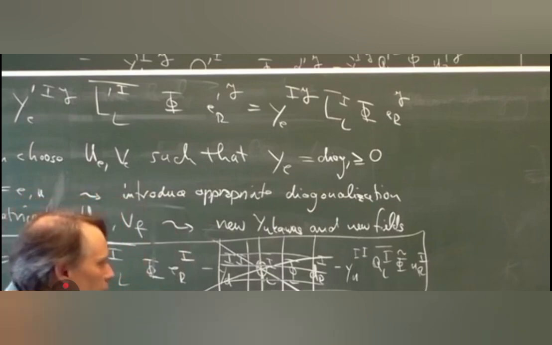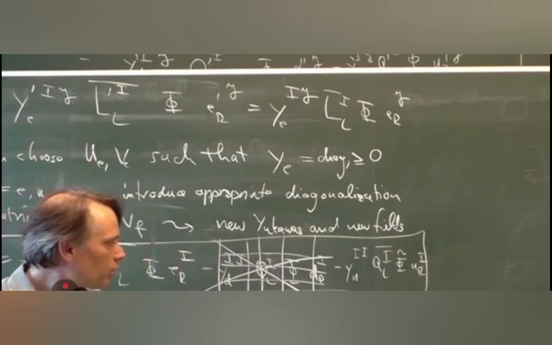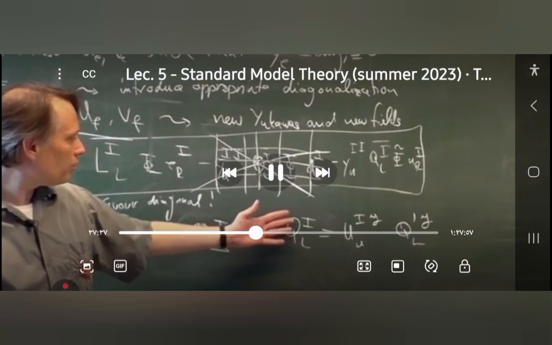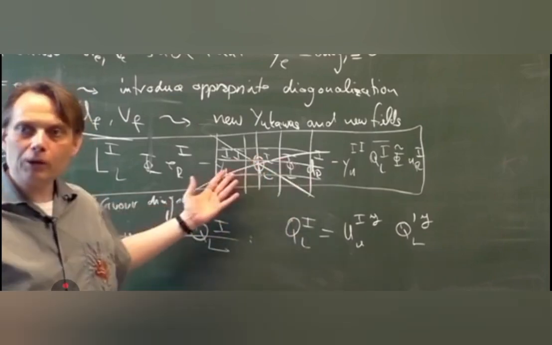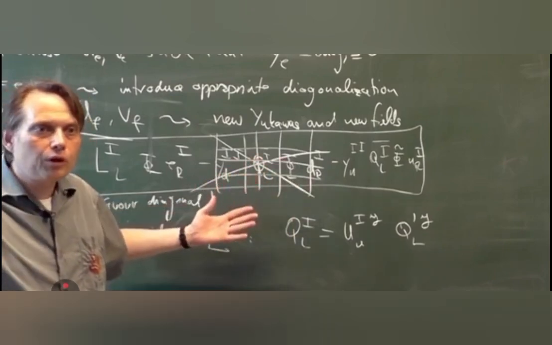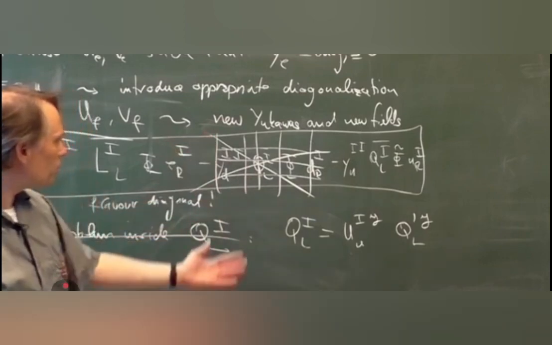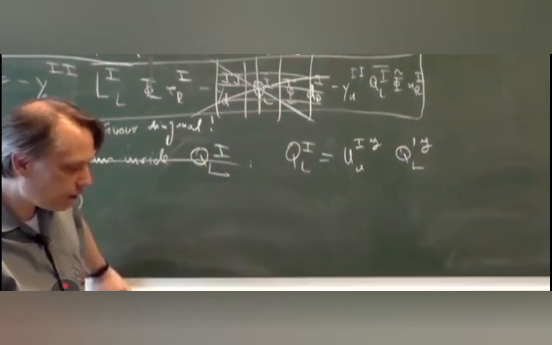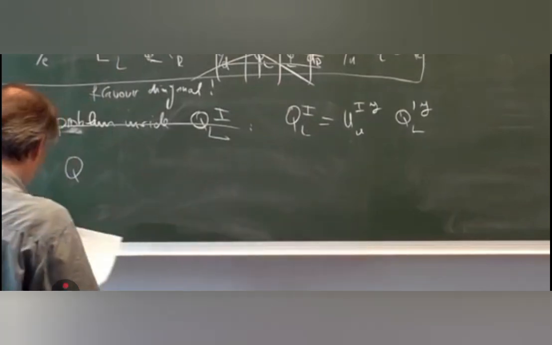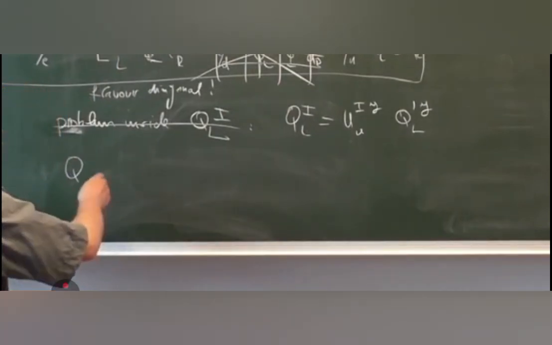But then we have exhausted our freedom to redefine the doublet field, and the down quark part of the Lagrangian has now some properties which we cannot change anymore, and this might or might not be diagonal, and therefore let us now look specifically at the down quark sector.